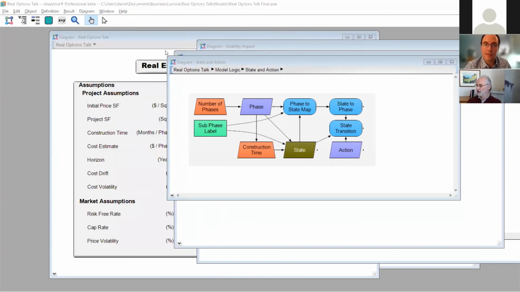I see a question from Jorge Muro. Can you evaluate the value of a vaccine against leukemia? I think you could certainly evaluate that.